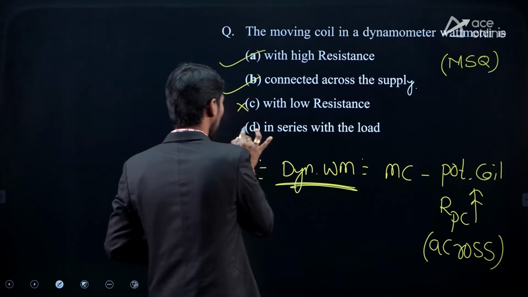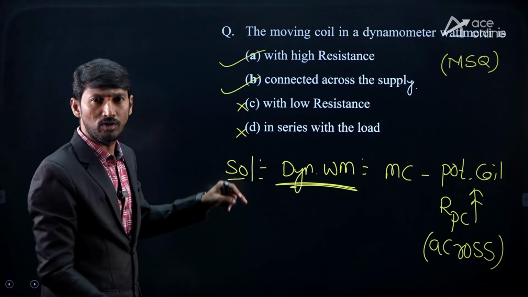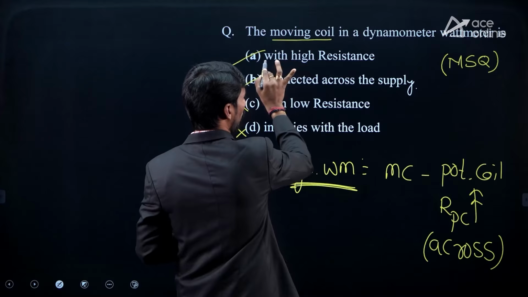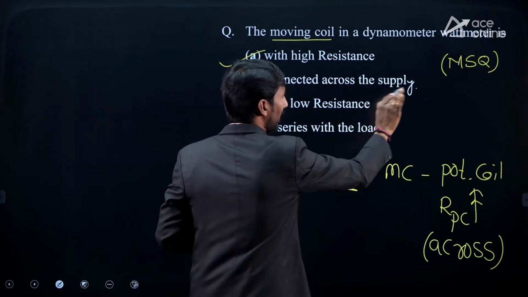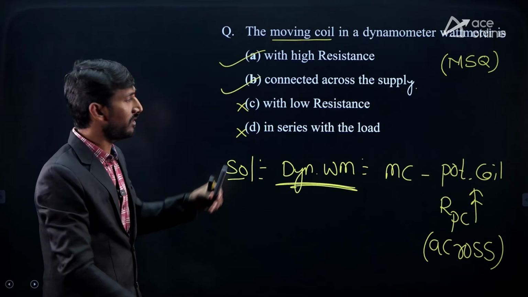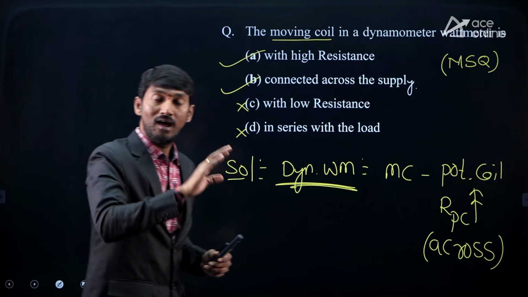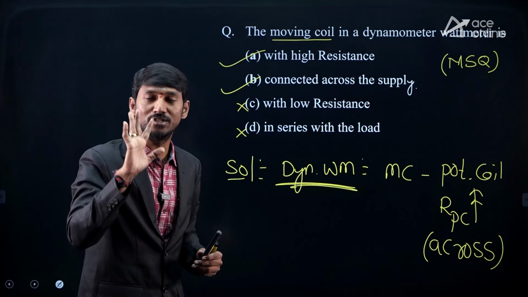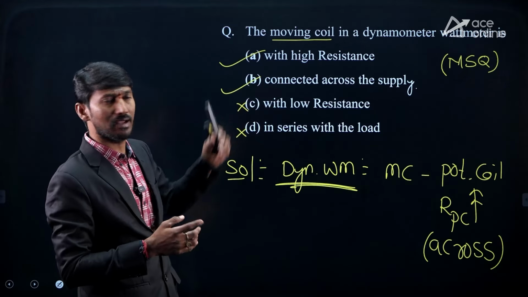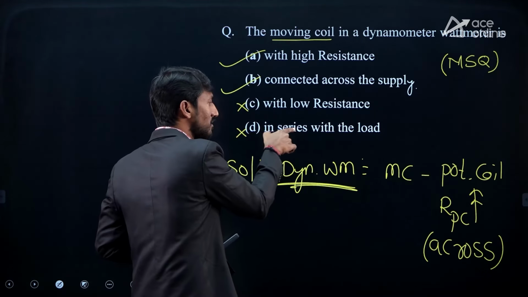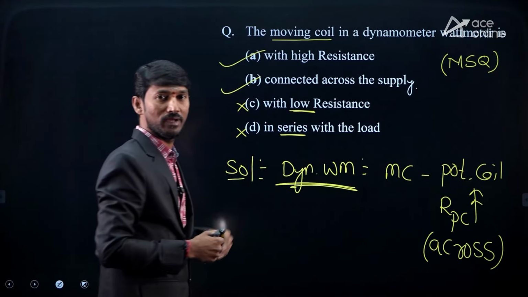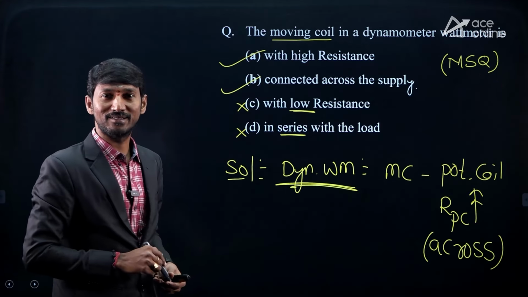In series with the load, wrong. So automatically out of 4, 2 are correct here. The potential coil or moving coil must be high resistance and connected across the supply. Actually, it is connected across the supply or across the load based on MC short or LC short connection. But only one is given correct. Here series is given wrong. Low resistance is given wrong. So that's why out of 4, 2 are correct.